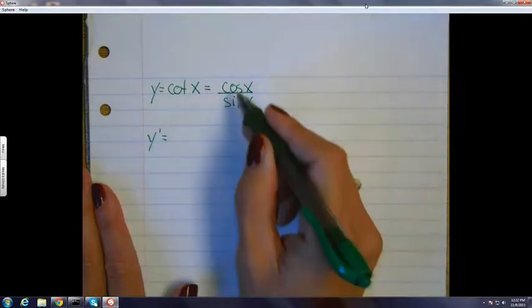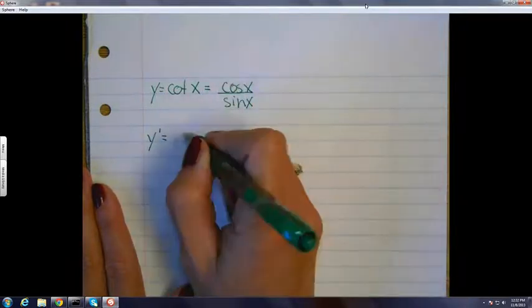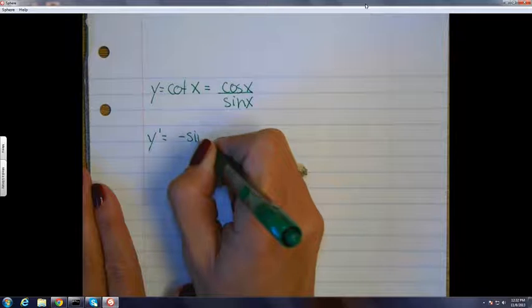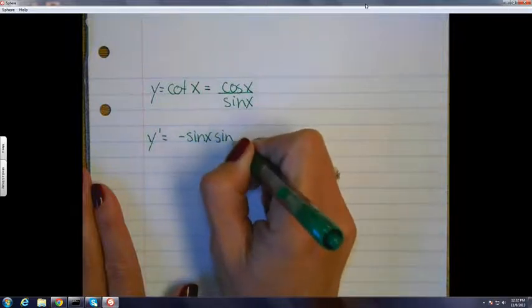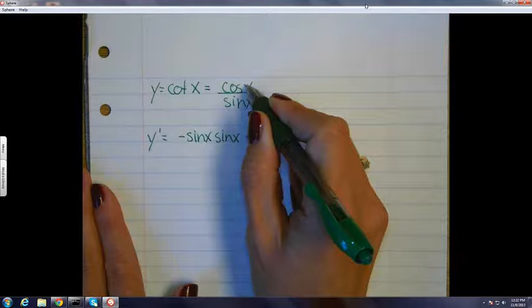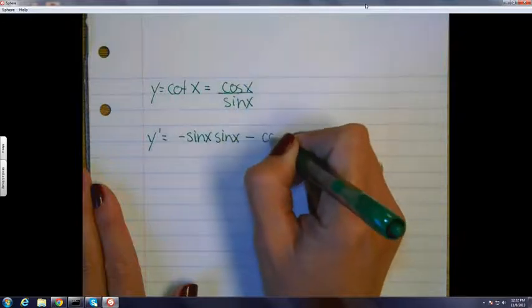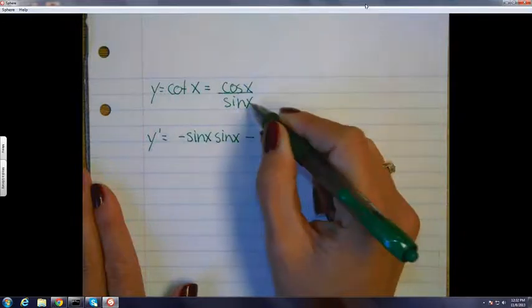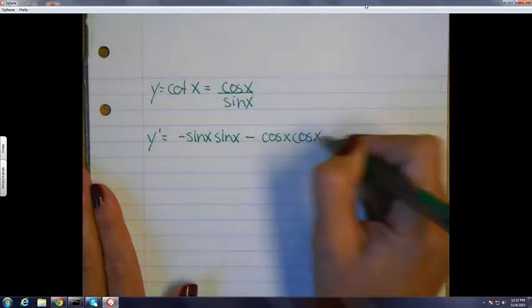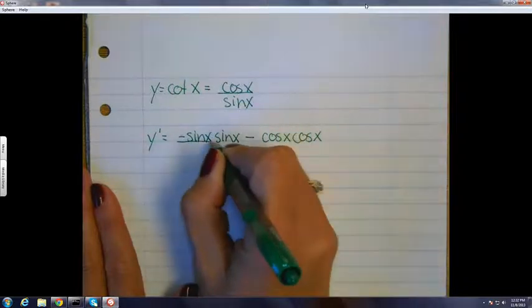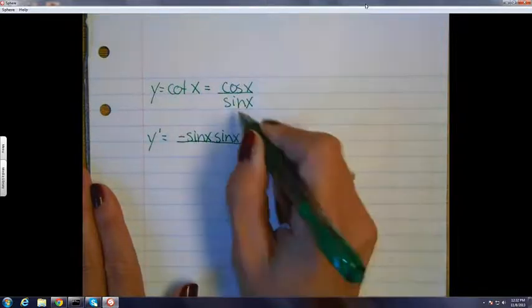So, derivative of cosine is negative sine times the bottom minus the top times the derivative of the bottom, cosine, times 1, I'm forgetting that all the way through, all over bottom squared.